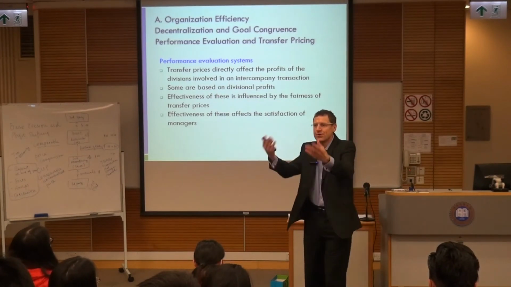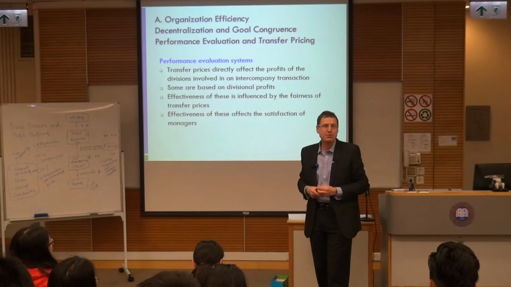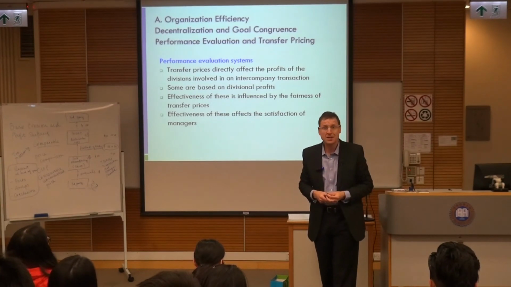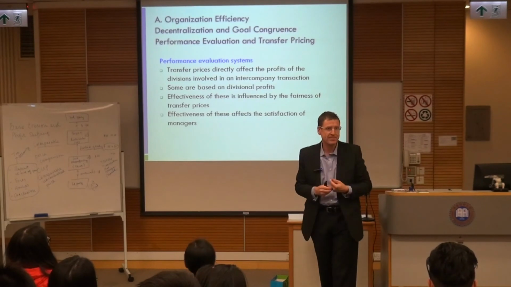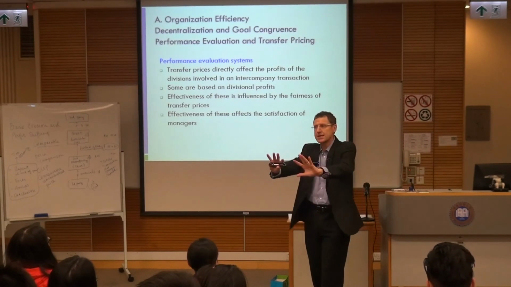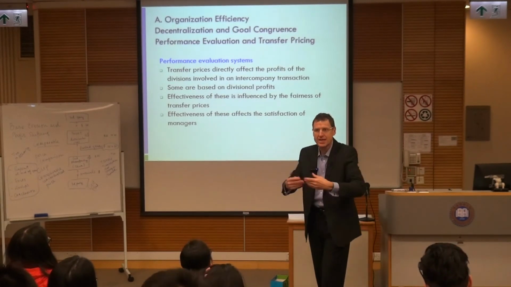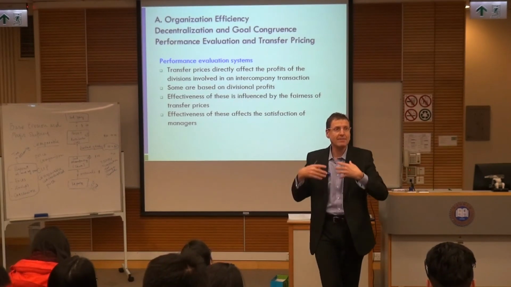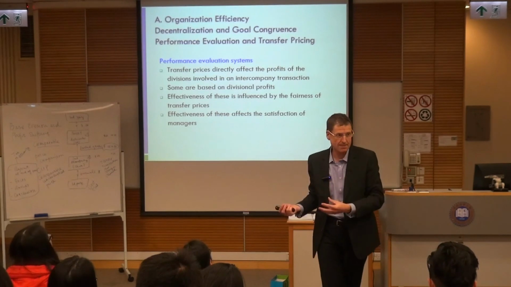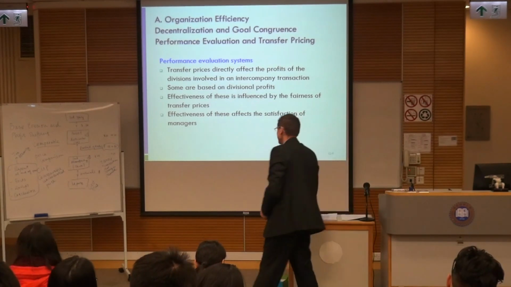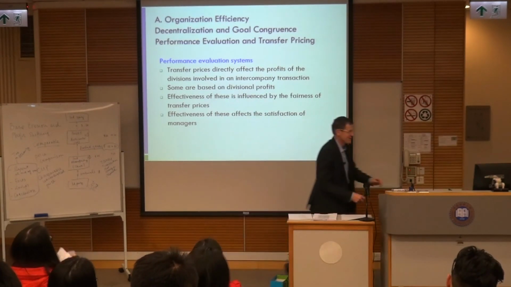So now I can evaluate your performance as a profit centre, you see. Because you've taken all that into account in your negotiation. That's what we mean by decentralising, allowing negotiation to take place, and then enables you to evaluate the performance of the individual managers. Profit centre. And I love this topic. Performance evaluation, I love that.